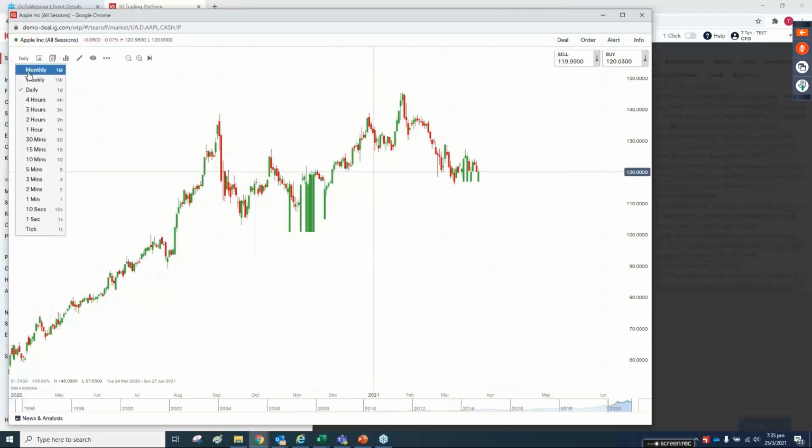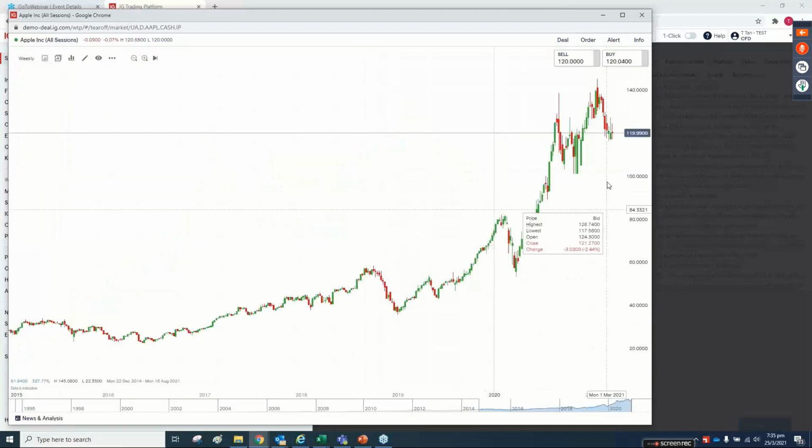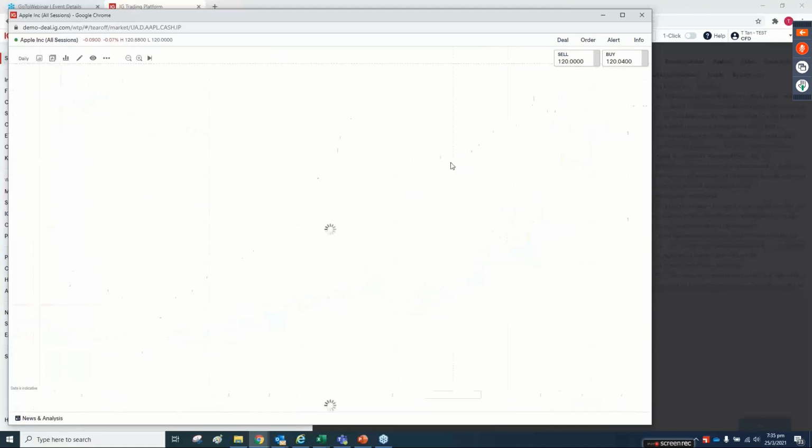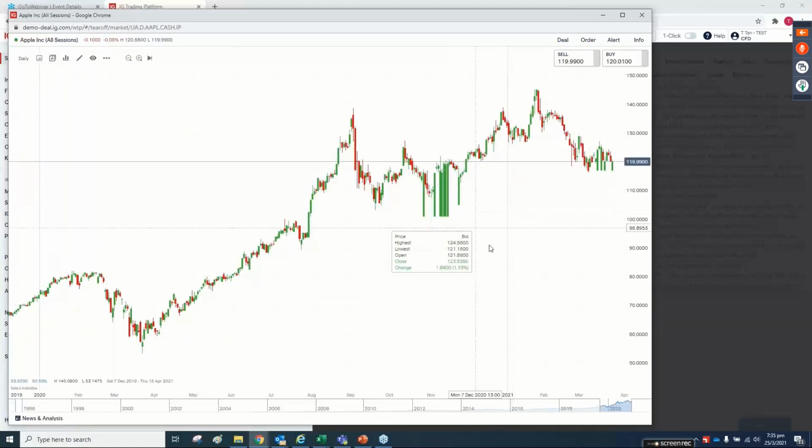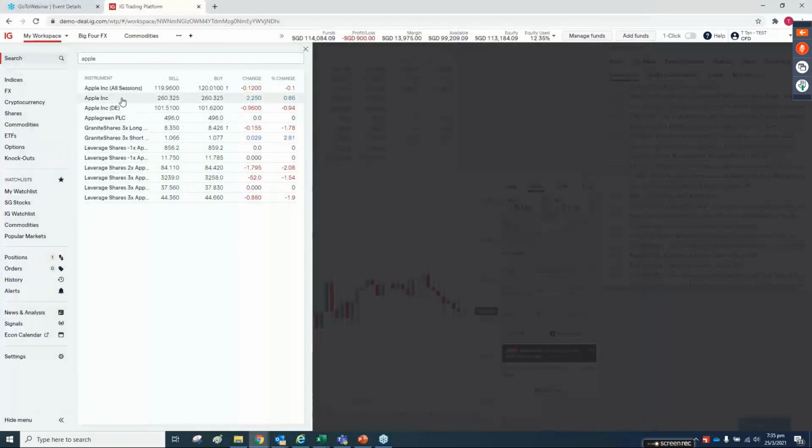Okay, I'm going to switch over to the weekly just to see if that area cleans up. No, it doesn't. I think it could be some block trades there. Let me see whether I can pull out another chart for Apple. This one seems to be for a different instrument.